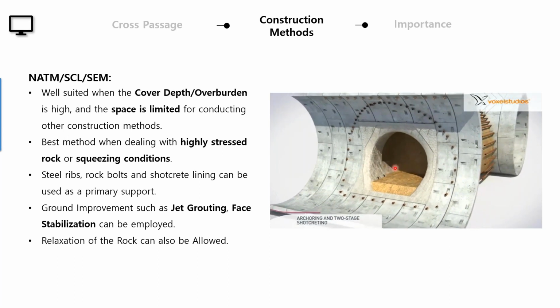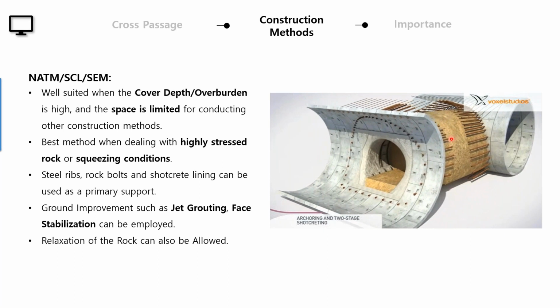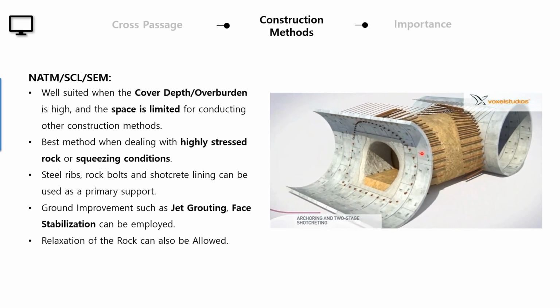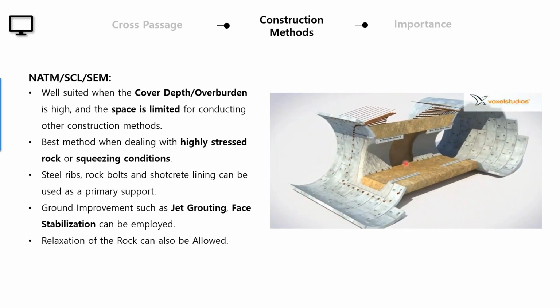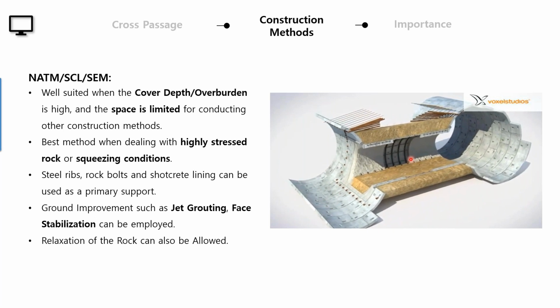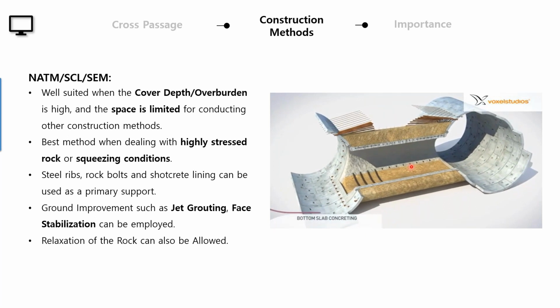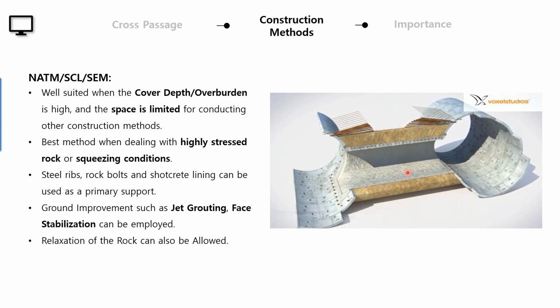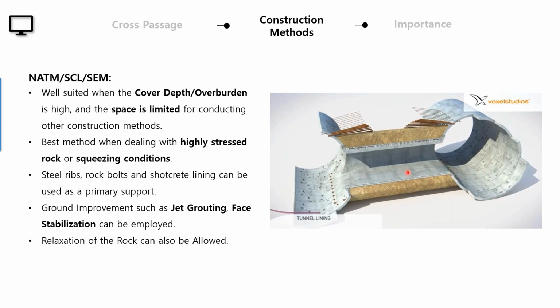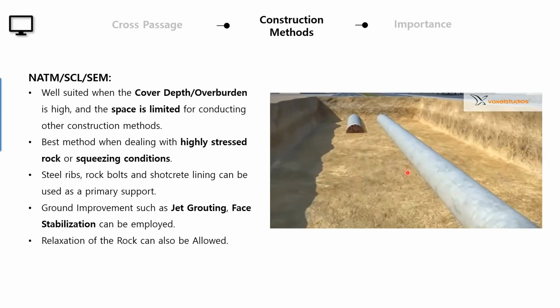So that's how the full face excavation is proceeding from one main tunnel to the other main tunnel. So this is the idea of the NATM or SCL or SEM method. So all three are one and the same. This is the most suitable method when you're dealing with high overburden or in rocks where the in situ stresses are very high.